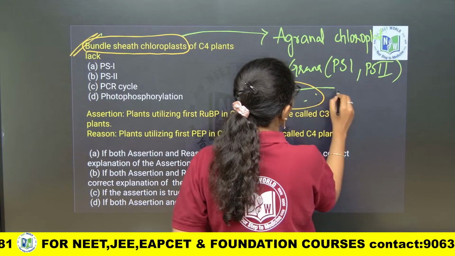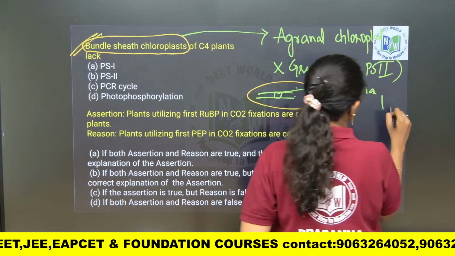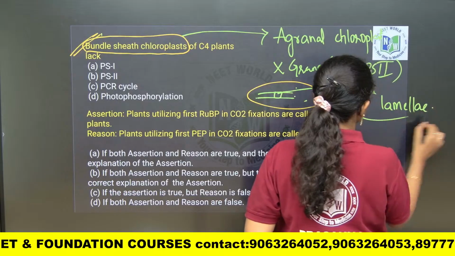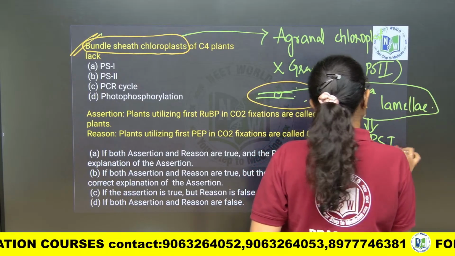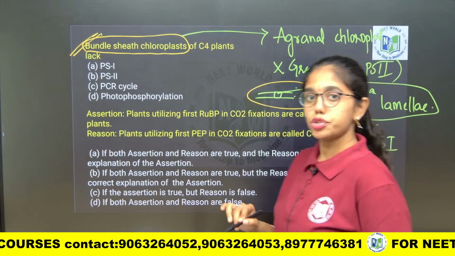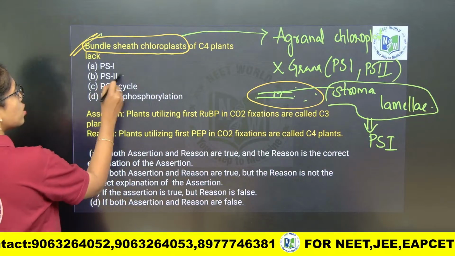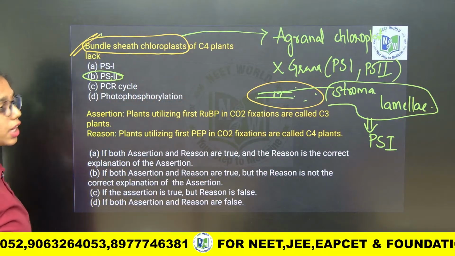We all know over stroma lamellae, what is present? PS1 is present in stroma lamellae. PS2 is not present because those are agranal chloroplasts, grana is not present.